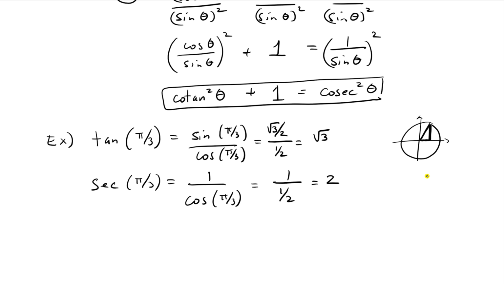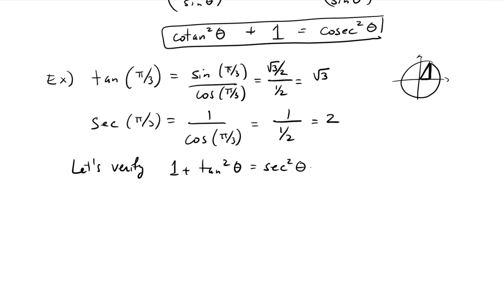So let's verify the identity. Let's verify that 1 plus tan squared is secant squared. I was going to write tan squared plus 1 is secant squared, which is obviously the same thing. So I'm going to look at 1 plus tan squared of the angle pi over 3.